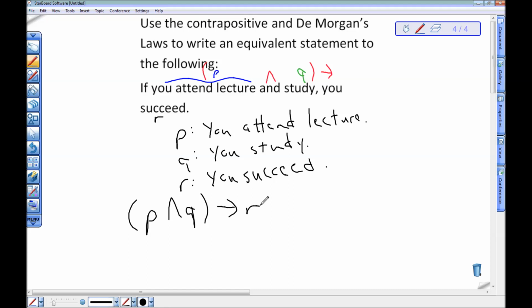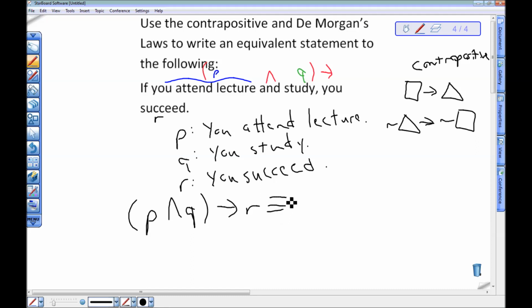Now, the first part of those directions tells me to use the contrapositive. The contrapositive, remember, is if this, then that. The contrapositive is if not that, then not this, right? I reverse their order and negate them.